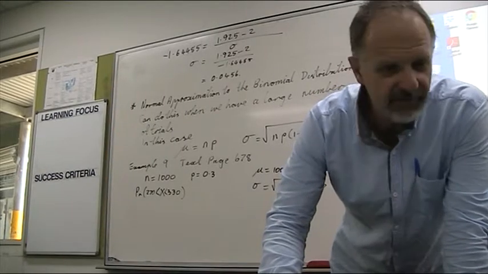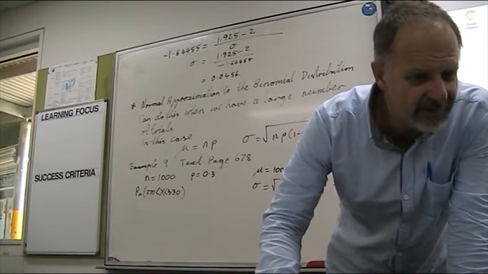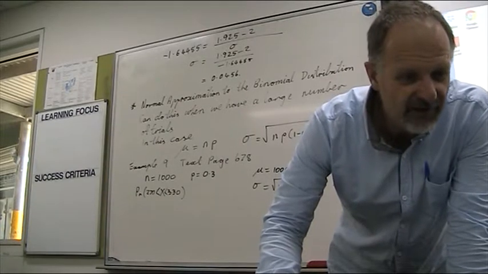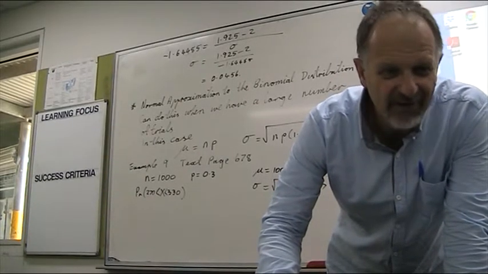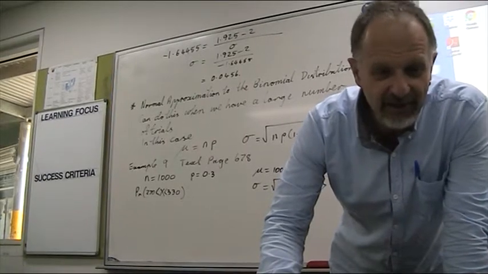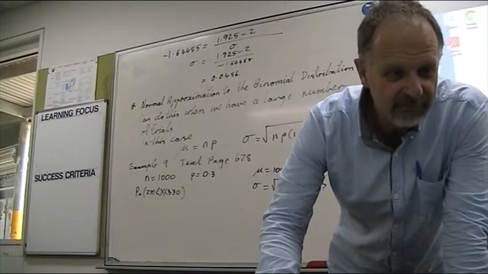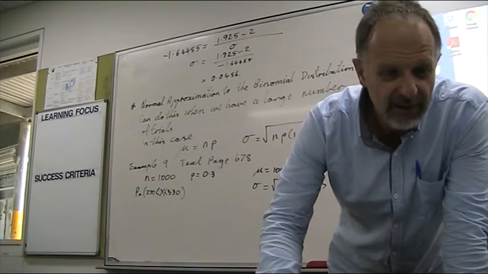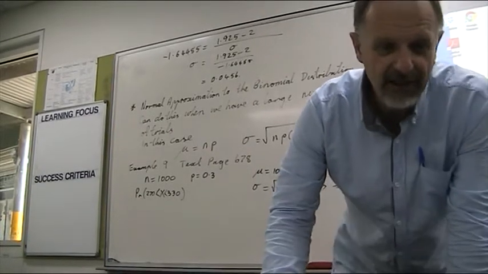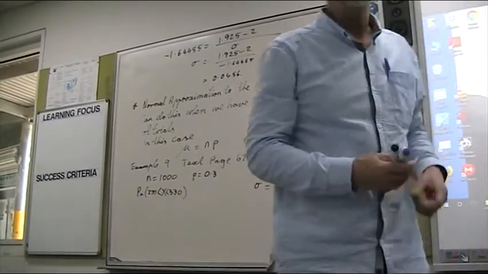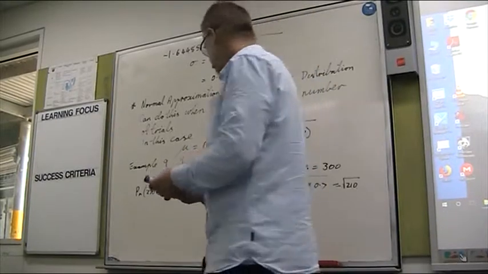Our standard deviation is the square root, let's go keyboard, square root 270. How nice is that? And our mean is 300. Let's get rid of the keyboard, and then we go next. And the probability of that is 0.9321.